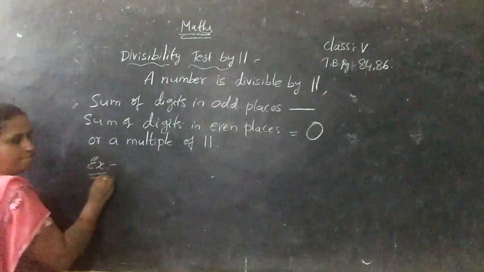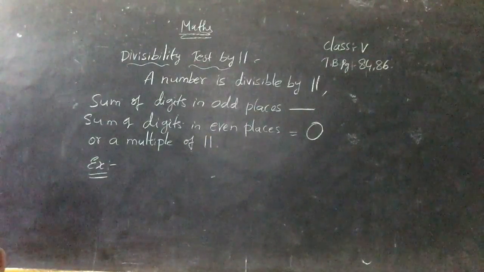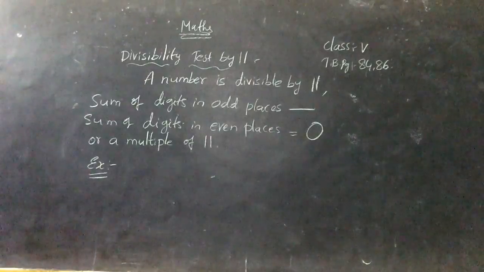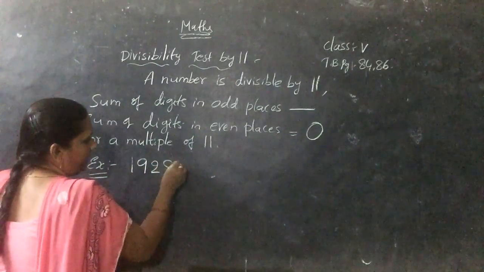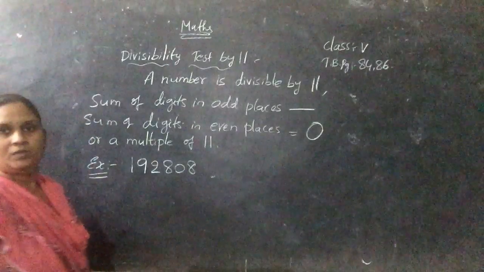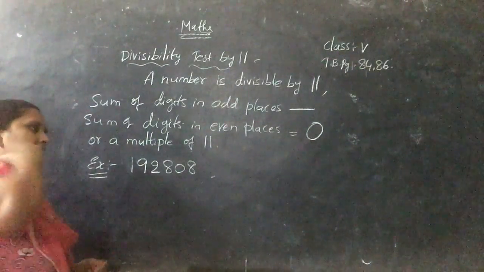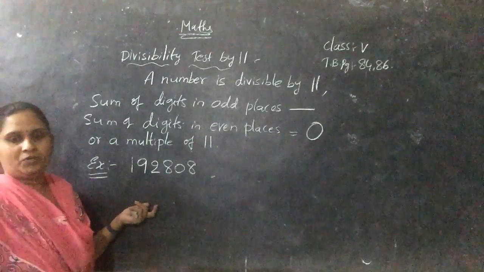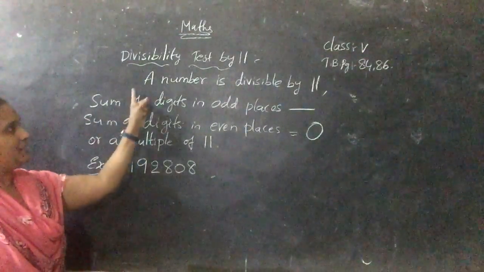Example. For this also I am taking the sum from textbook page number 84. The first one, 192,808. This is the number which is given in your textbook page number 84, section F. Okay, so first, what is it asking?